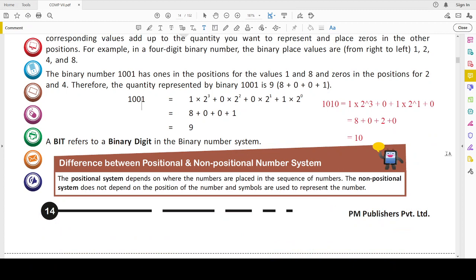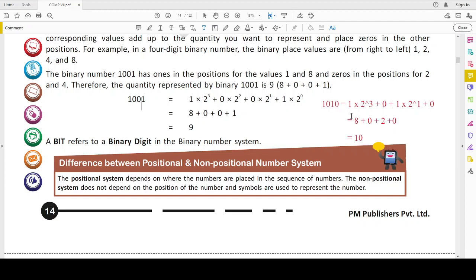Similarly, if you calculate 1010, you have 1 for 2 to the power 3 and you have 1 for 2 to the power 1. See, 0, 1, 2, 3. This is 2 to the power 0, 2 to the power 1, 2 to the power 2, 2 to the power 3. So 2 to the power 3 and 2 to the power 1 is having a 1.